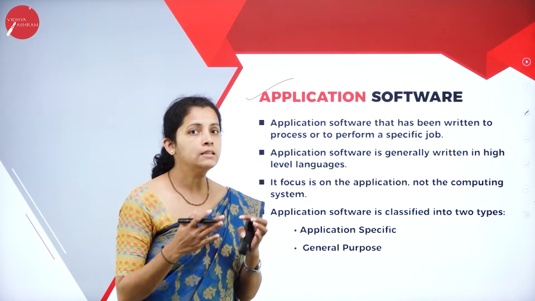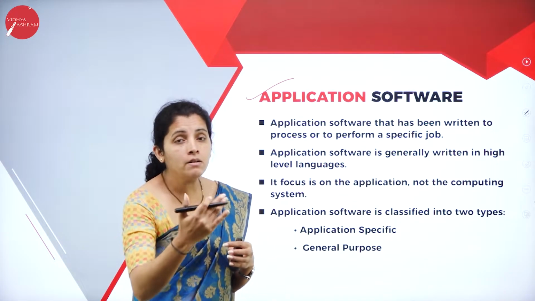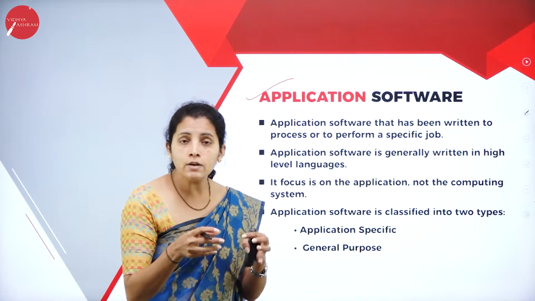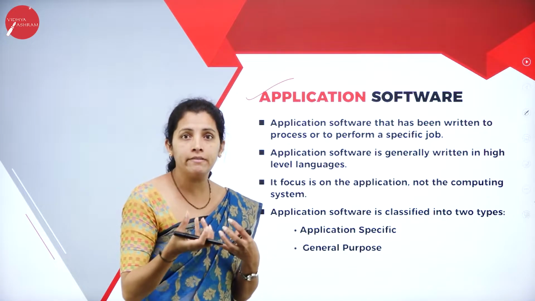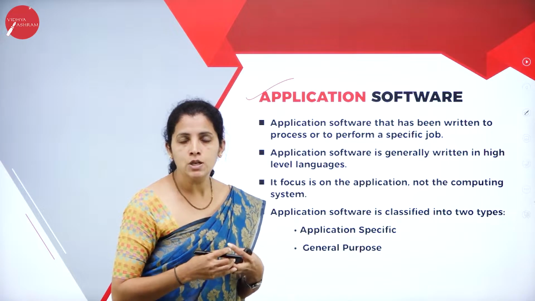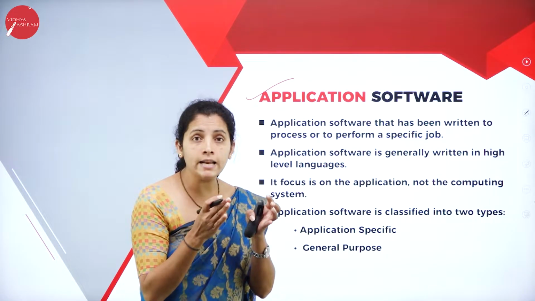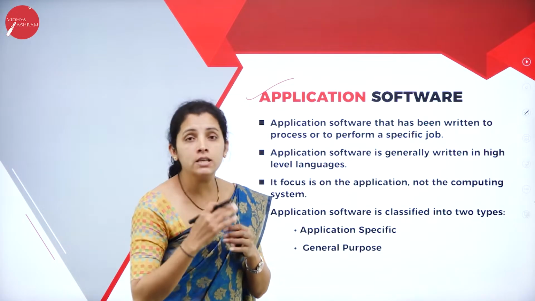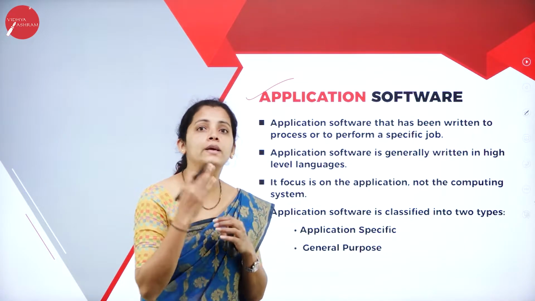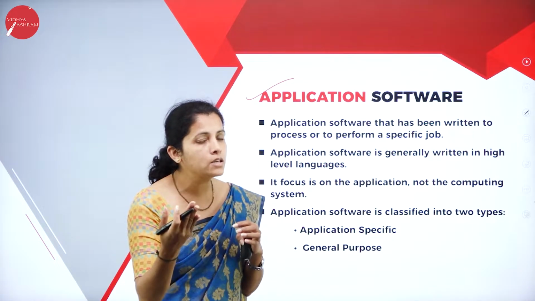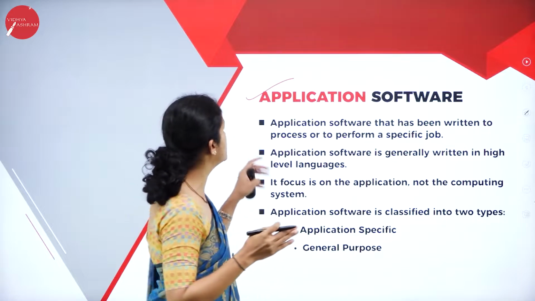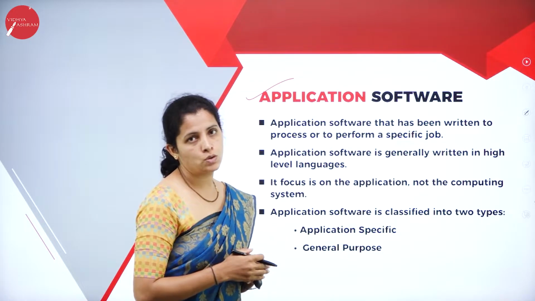For example, if I want to maintain a balance sheet, for that, one software is designed and developed, and that is Tally. This Tally is designed based on the user requirement or request. So here, Tally is an example of application software.